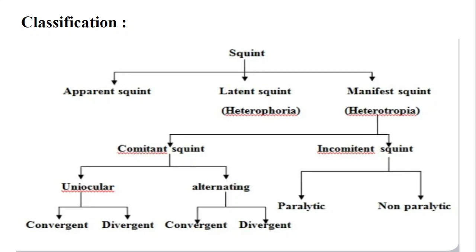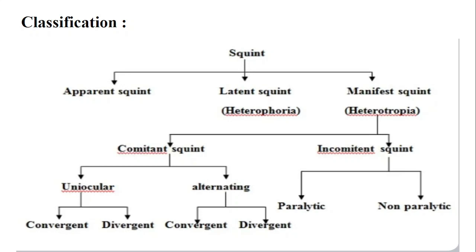This type of squint is noticed by parents or caregivers when the child is very young, usually within the first few months of life. Number 2. Latent squint. A latent squint is not apparent when both eyes are open but becomes visible when one eye is covered. It can cause double vision and eye strain.